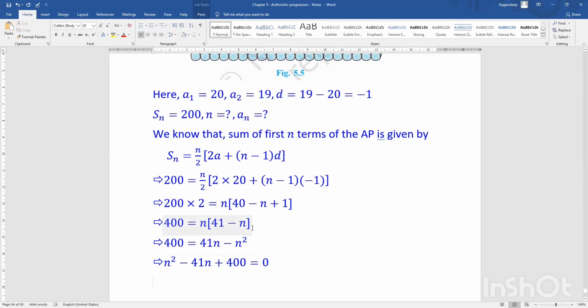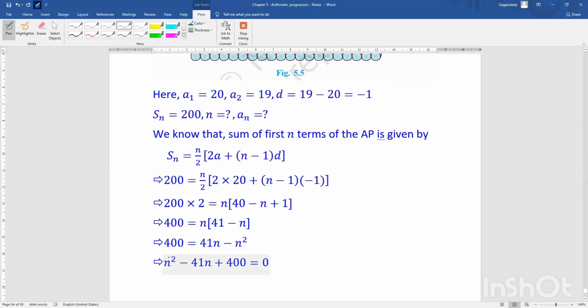Okay. Next, here we have to factorize by the method of splitting the middle term. So let us do that. n square into 400, we get 400 n square.